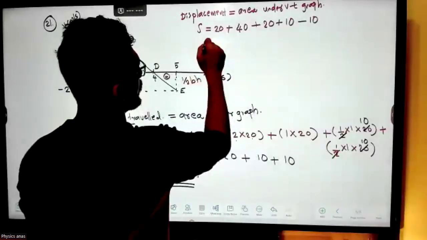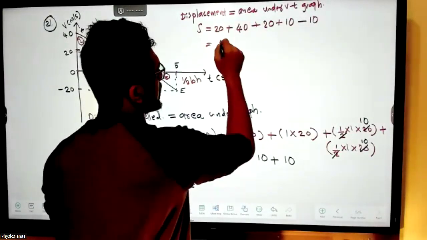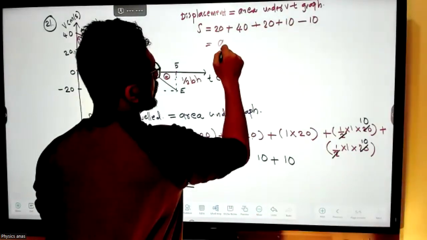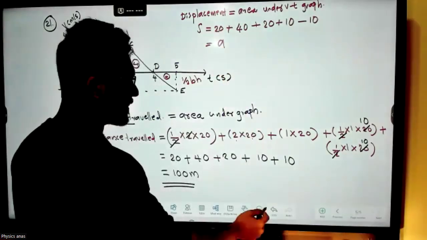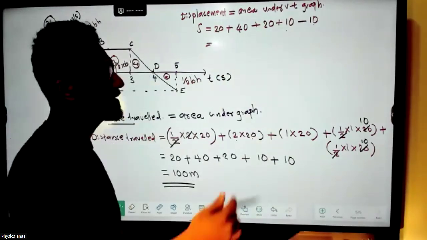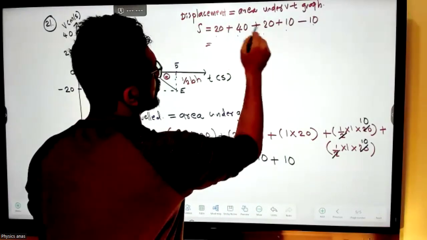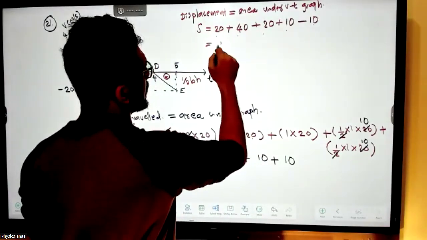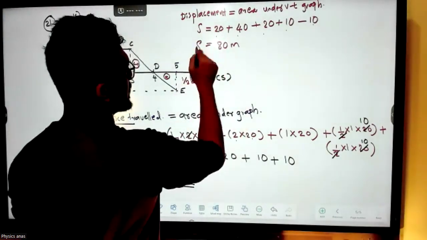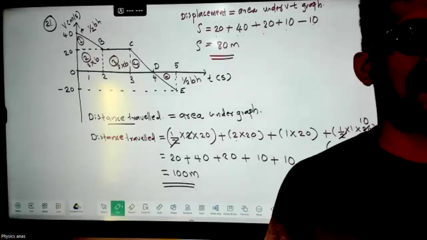So what is the final value? 20 plus 40, 60. 60 plus 20, that's 80. 80 plus 10, that's 90. You can simply 10 minus 10 is gone. So you are left with 20, 40, 20, that's 80. It is 80 meter. So displacement is 80 meter, but distance is 100 meter.